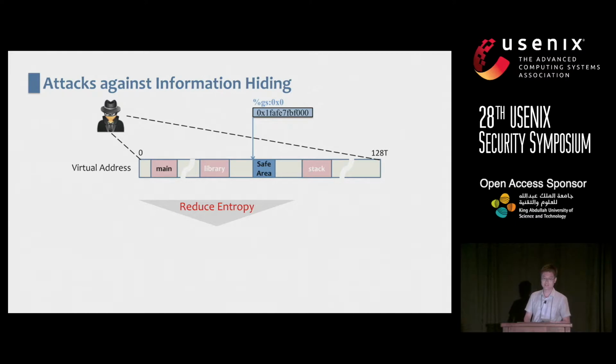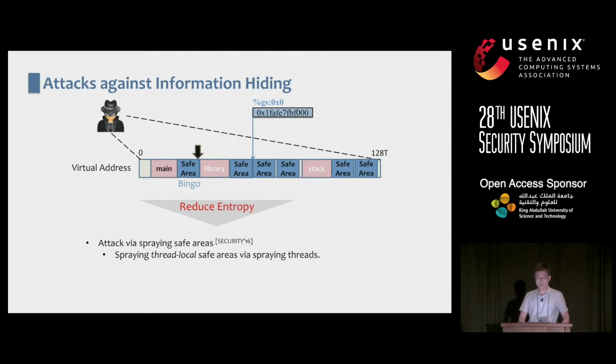Okay, the second type of attacks is reducing the entropy of the safe area. There are also two works attacking IH. The first one is filling memory with safe areas. One work found that some safe areas are implemented as thread local, such as shadow stack and safe stack.